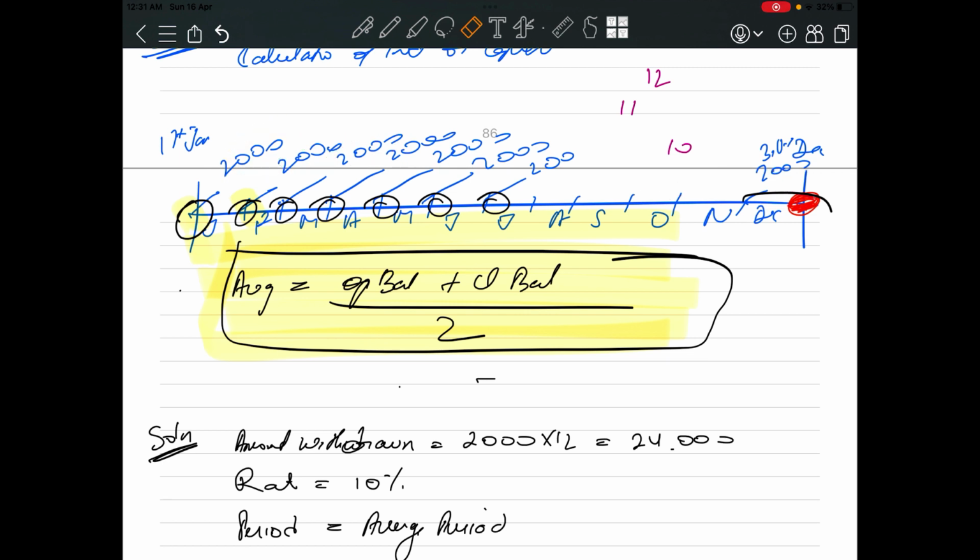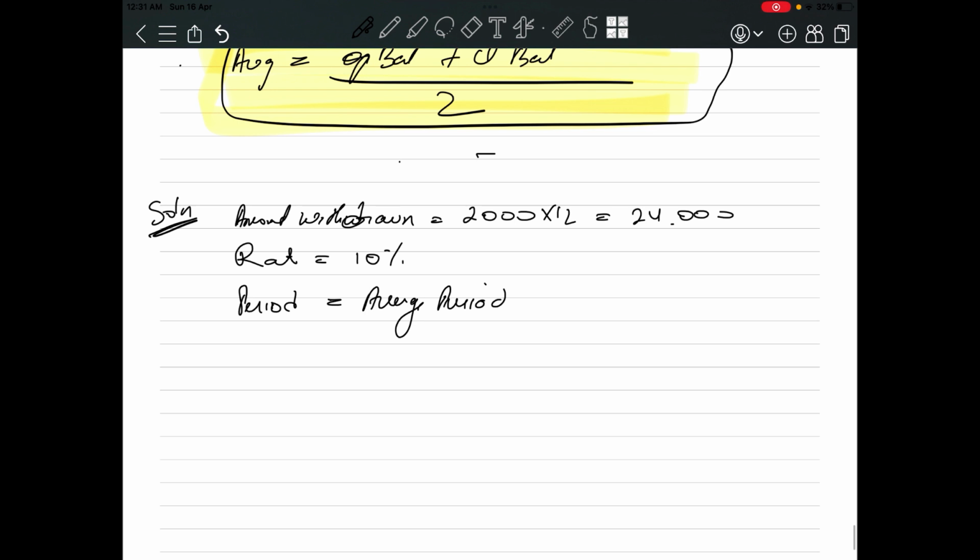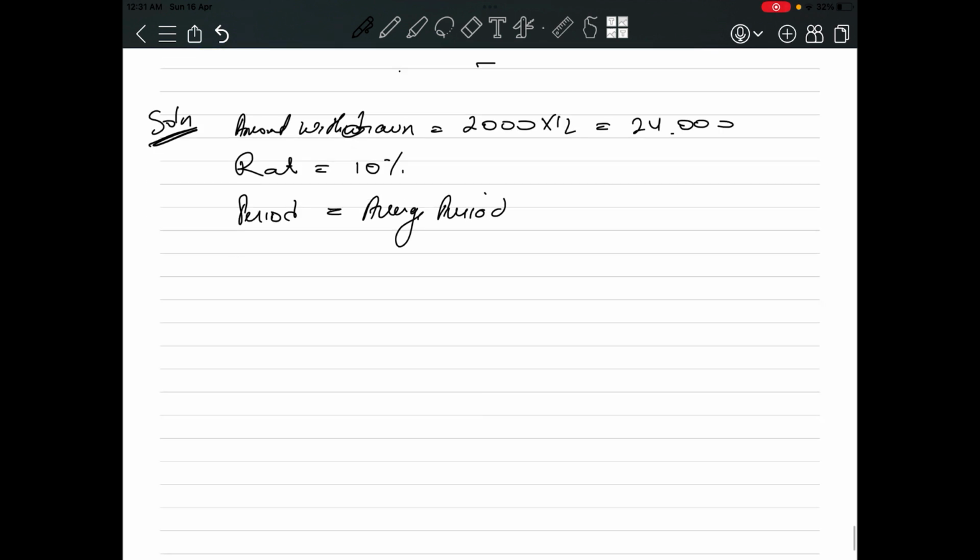So how will I find out the opening and closing period? What will be the opening period? The opening period will be the period left after the first date of drawing.